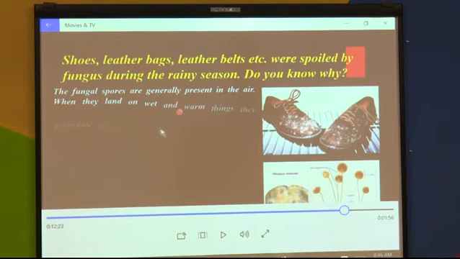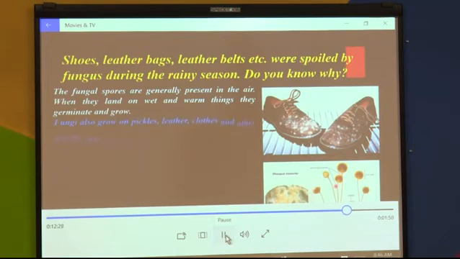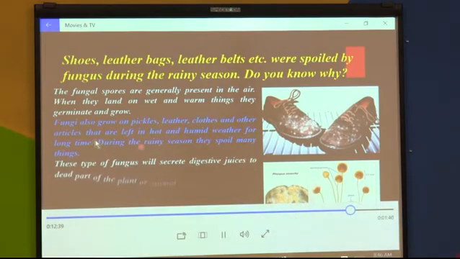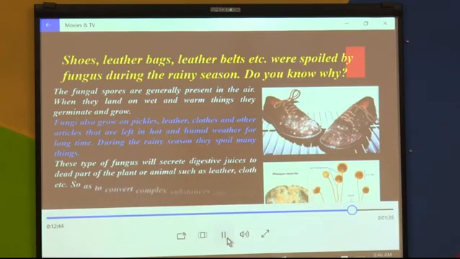When they land on wet and warm things, what happens? They germinate and grow. Fungi also grow on pickles, clothes, and other articles that are left in hot and humid weather for a long time.